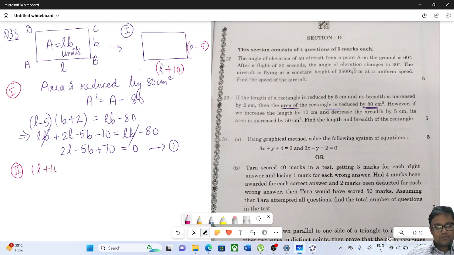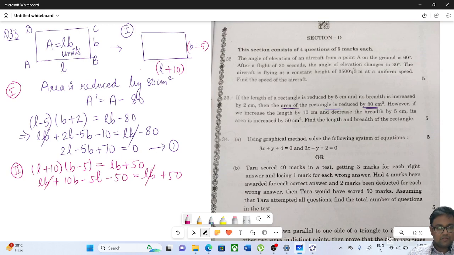Length increases by 10 units and breadth decreases by 5 units, and the new area is previous area plus 50 centimeter square. So, LB plus 10B minus 5L minus 50 is equal to LB plus 50.